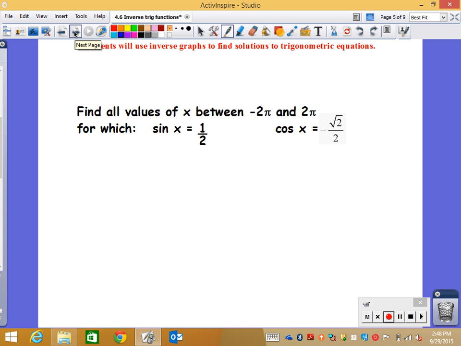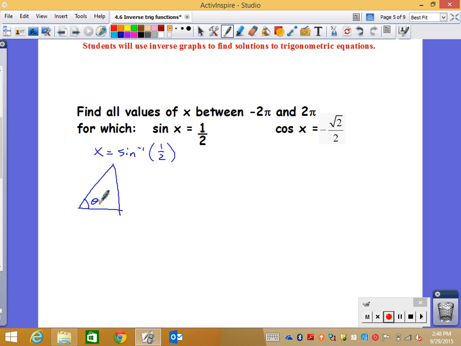So let's use what we've just done to find all values between negative 2 pi and 2 pi for which, well, the first one we're going to do is sine x equals a half. Remember, the first step whenever we had these before is we took the inverse sine of both sides, so we get the inverse sine of 1/2. So we draw our triangle here. Say this is my theta.